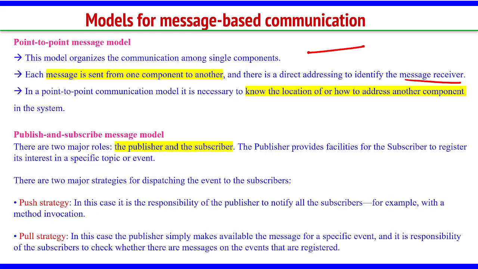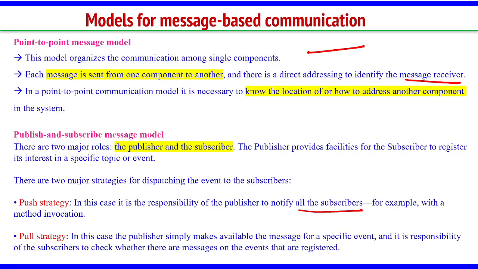It is that model. However, there are two major strategies for dispatching the event to the subscribers. How do I send messages to the subscribers? The publisher is creating a WhatsApp channel and sending messages, but how are we receiving the messages, right? So there are two strategies. Push strategy: in this case, it is the responsibility of the publisher to notify all the subscribers.